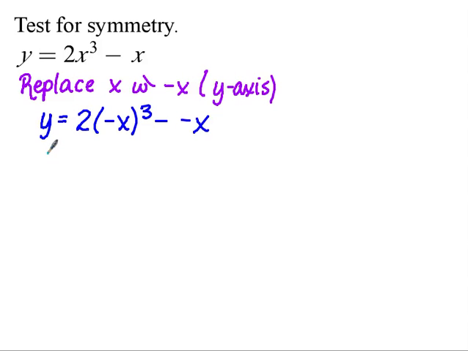So you end up getting y equals negative 2x cubed plus x, right? Okay. So I've already kind of simplified that. All right, now in order to determine if it has y-axis symmetry, these two need to match. Do they match? No, they're not the same. Why aren't they the same? Signs. So as a result, this does not have y-axis symmetry. So this is no y-axis. Nope.